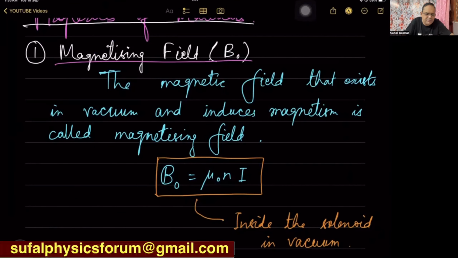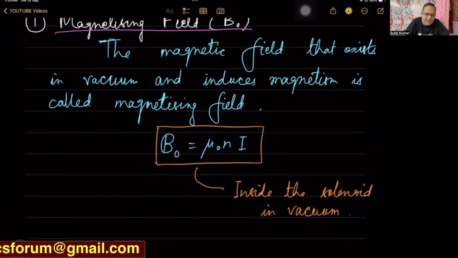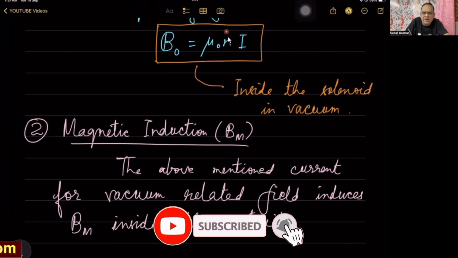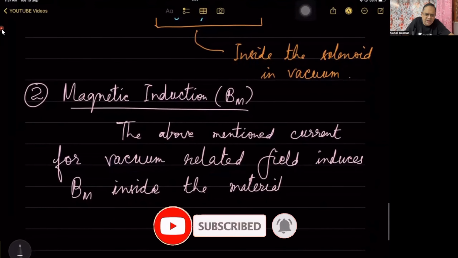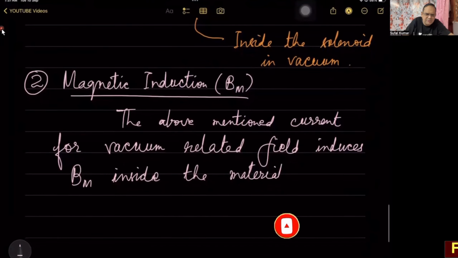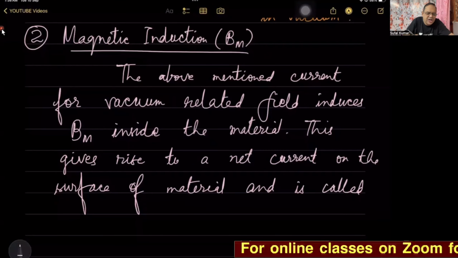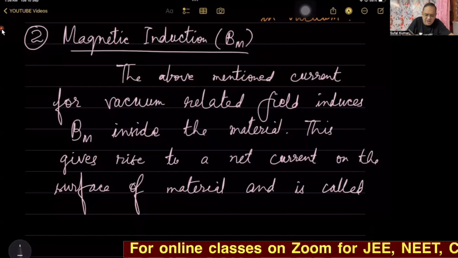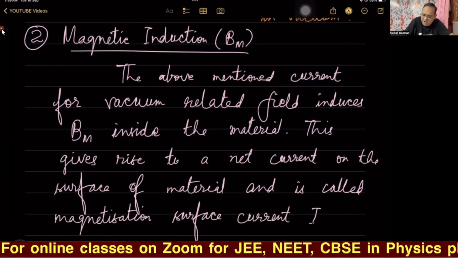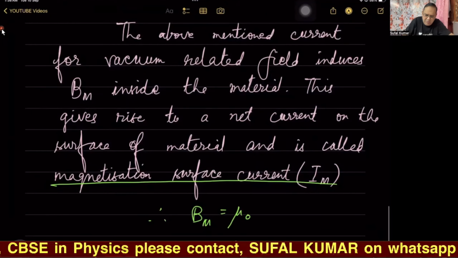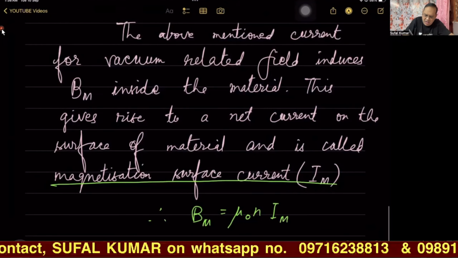Then here comes magnetic induction, Bm. Number 2, I'm referring to this current. The above-mentioned current for the vacuum-related field induces Bm inside the material. This gives rise to a magnetization surface current, Im. Therefore, Bm is mu naught N Im.